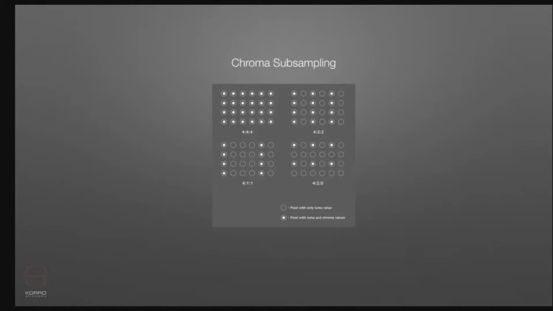444 is just another way of saying full RGB, and it's not compressing the color information at all. With 422, in a sample 4 wide, in the top row of 4, you keep 2 chroma values, and in the next row you also keep 2. So it's 4 wide, keeping 2 in the top, 2 in the bottom, and what that means is you have essentially chucked away half your color information. The reason it can get away with that is because of the amount of color information that's there, and increased resolution helps with this massively, because it shares the color information from its neighbor.